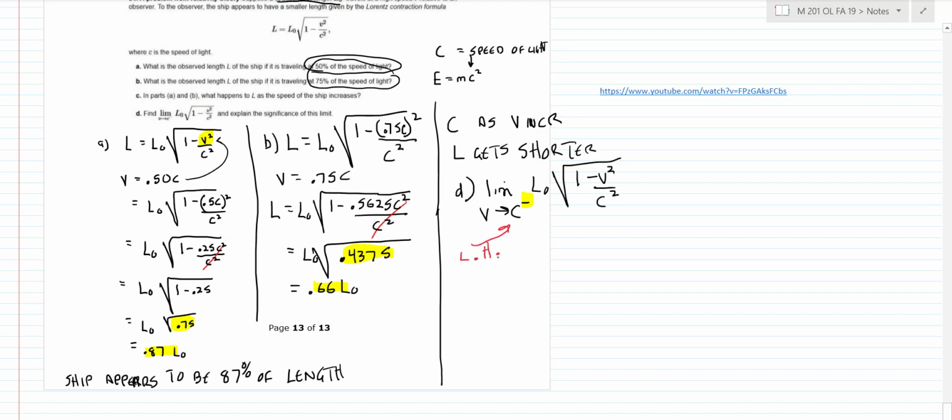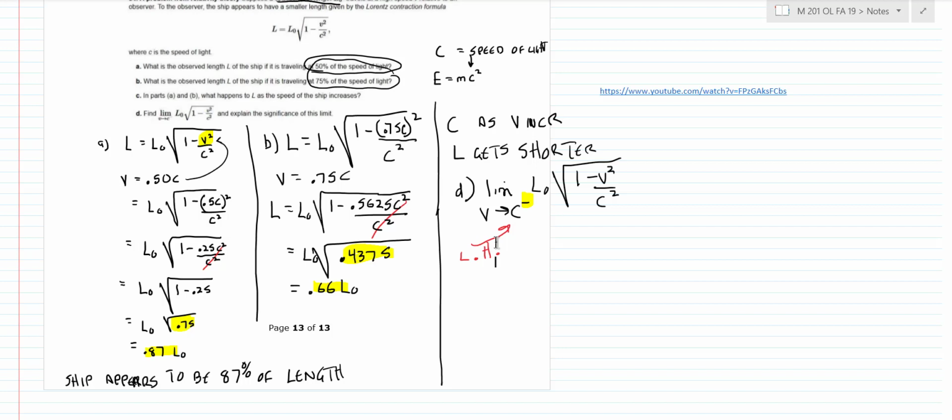Well, Einstein's theory says that in space-time, no object can travel faster than the speed of light. c is the speed of light, so that's why we're coming from the left. The spaceship can't reach the speed of light. It can just get closer and closer to it, kind of like how an asymptote works.